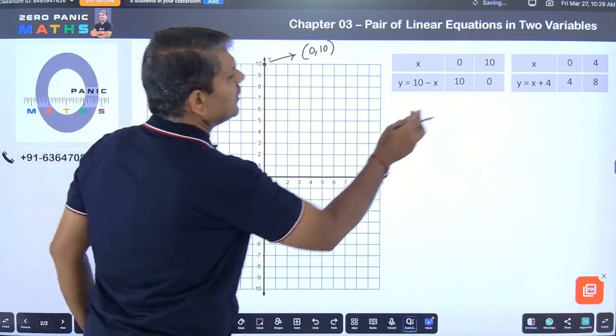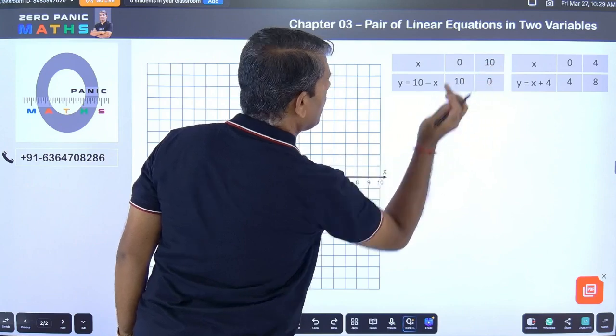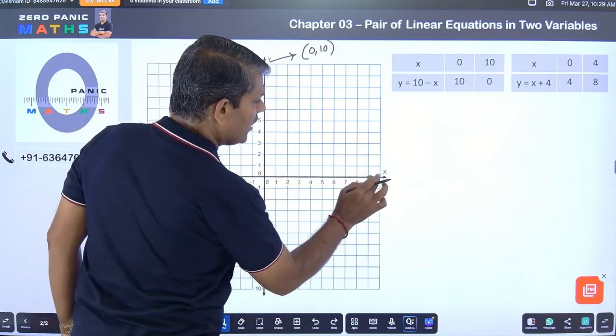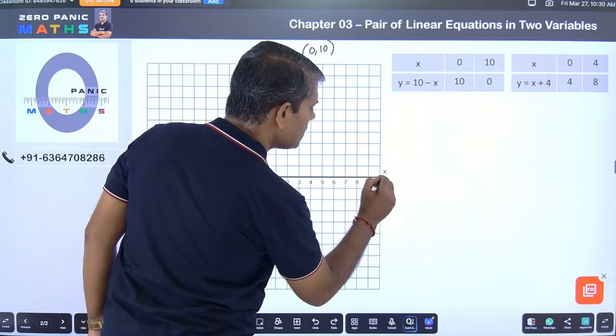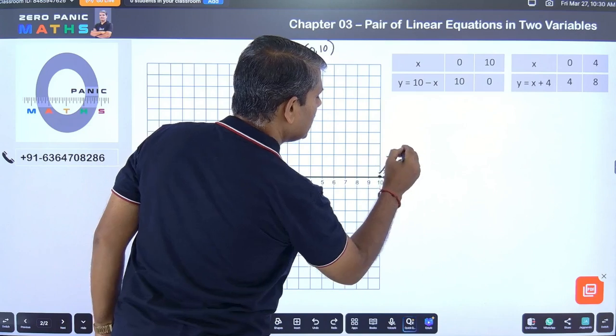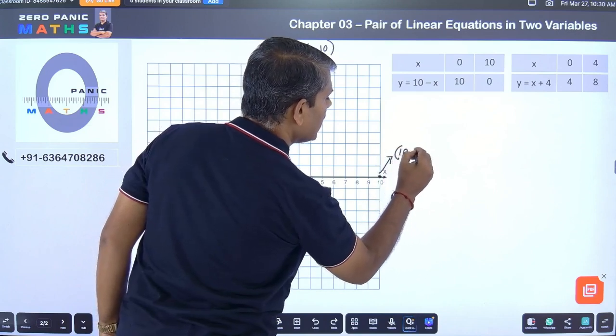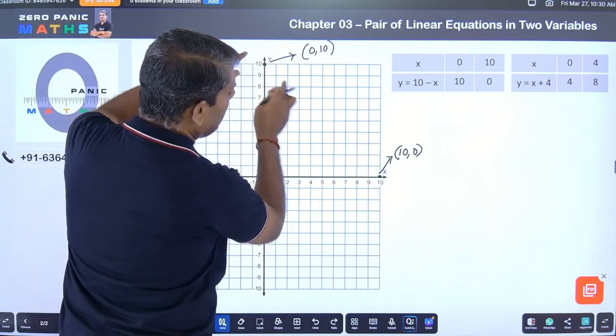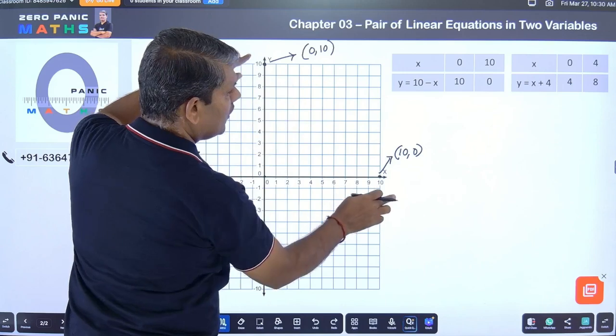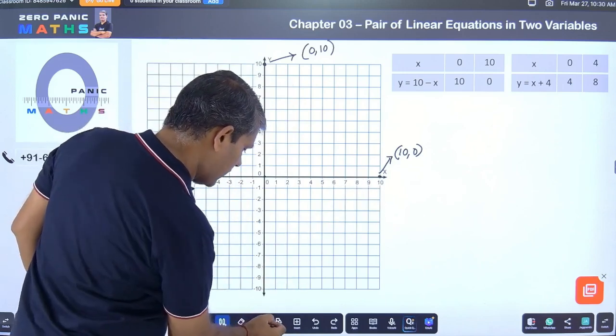Okay, the next point, x is equal to 10 and y is equal to 0. X to the x-axis and y 0. So this is my x is equal to 10 and y is equal to 0 coordinate. Okay, so one line is this line for me. Let me draw that line first.